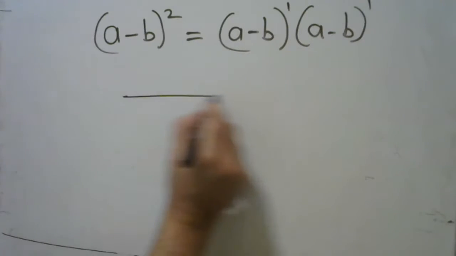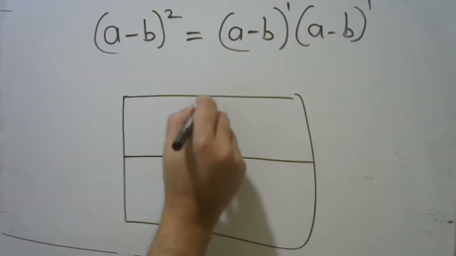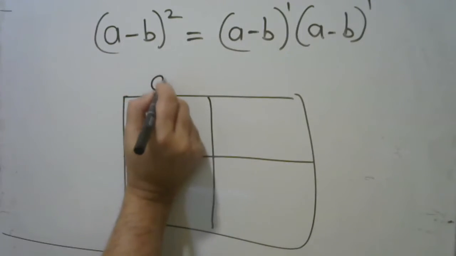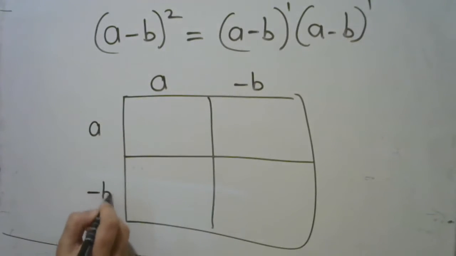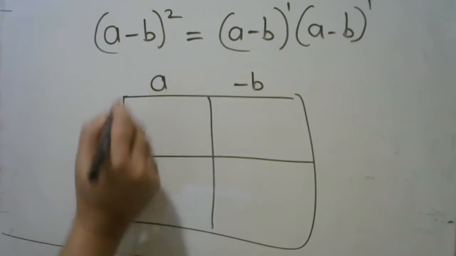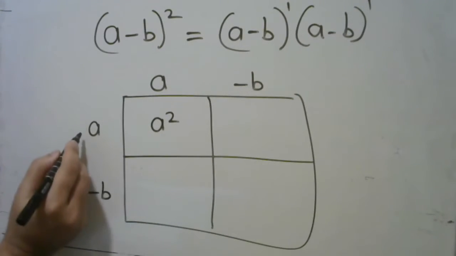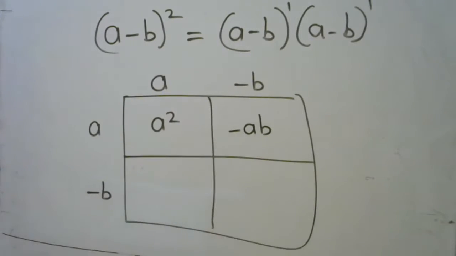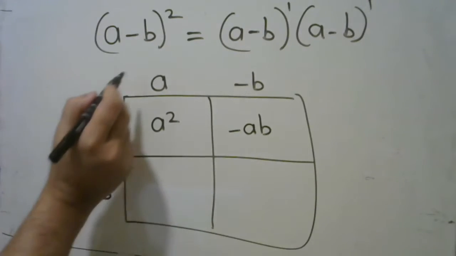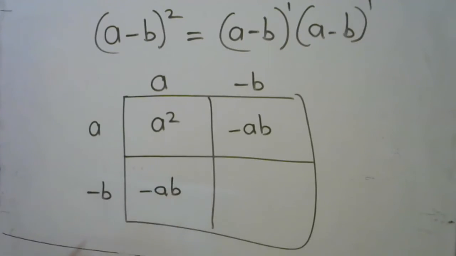Again, A minus B, A minus B. A by A, A squared. A by, this is positive A by negative B, so you get a negative AB. Negative A by positive B, again negative AB.